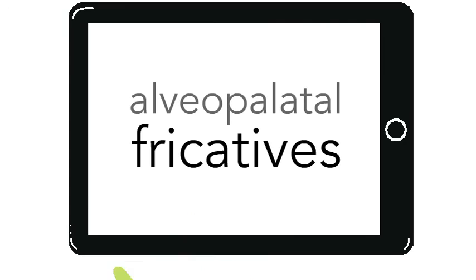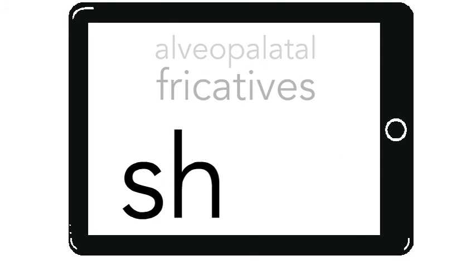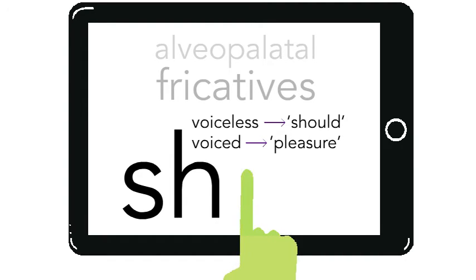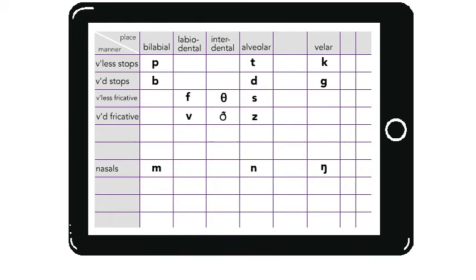In the same way, you can make a fricative between the alveolar ridge and the palate, an alveopalatal fricative, which leads to what is usually written as sh. However, there are two sh sounds, the one in show and the one in pleasure. Linguists transcribe the first, voiceless, as this, and the other, voiced, as that.